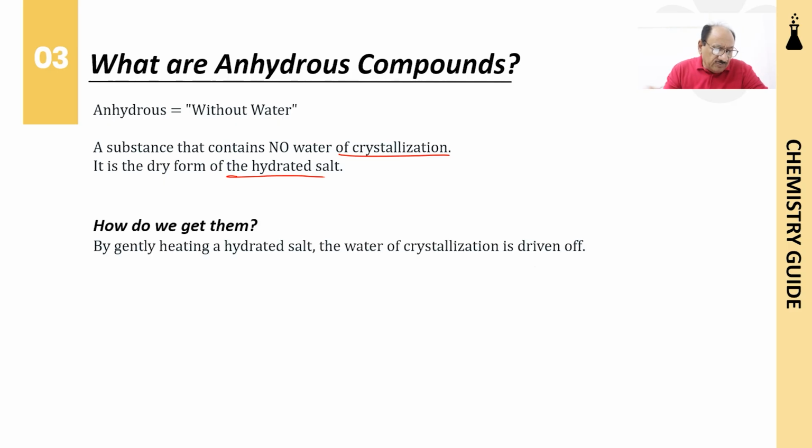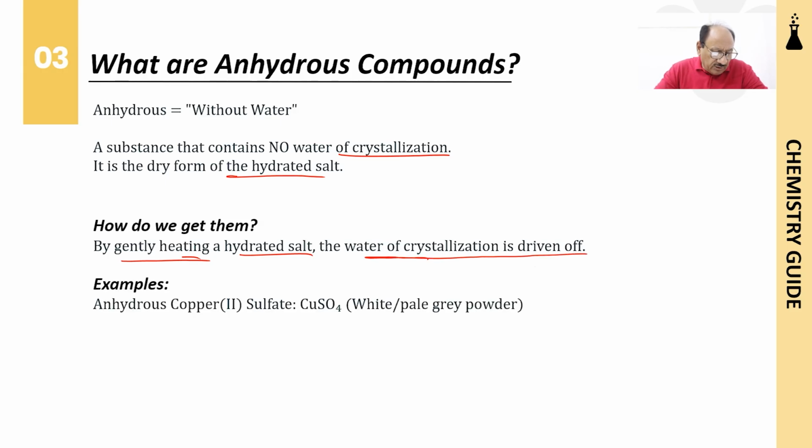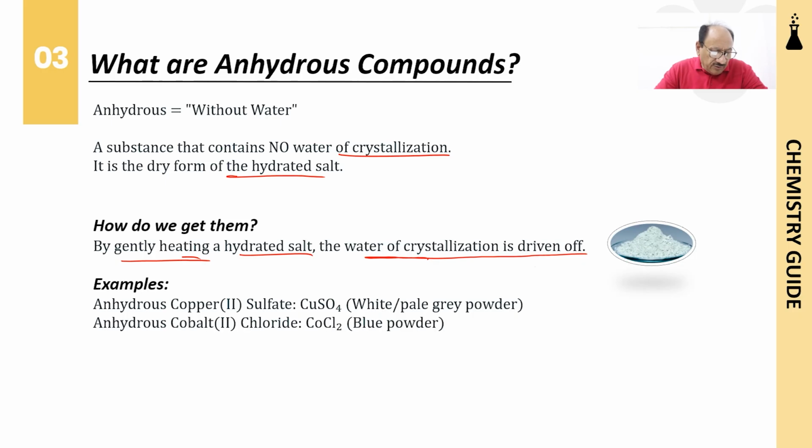We just heat them gently and remove the water of crystallization; it's driven off. For example, anhydrous copper sulfate, which is a white or pale gray powder, and anhydrous cobalt(II) chloride, CoCl2, which is a blue powder.